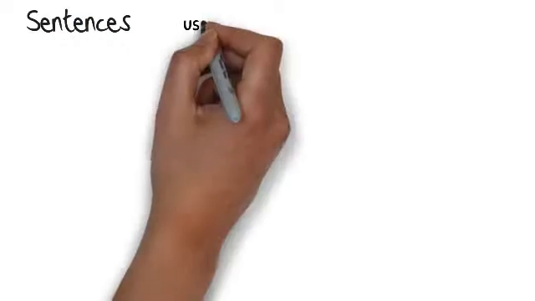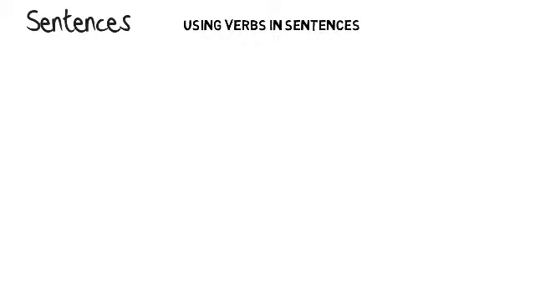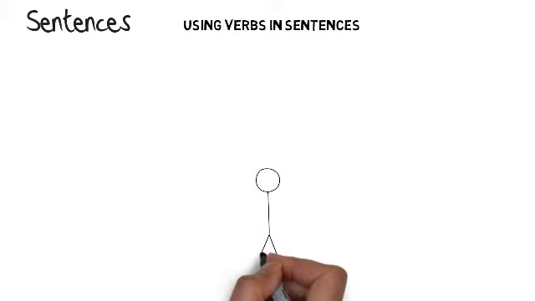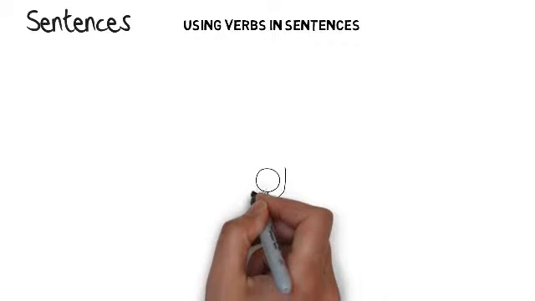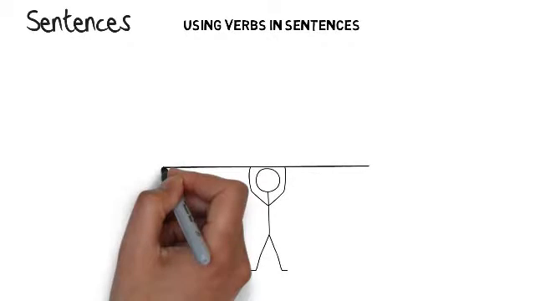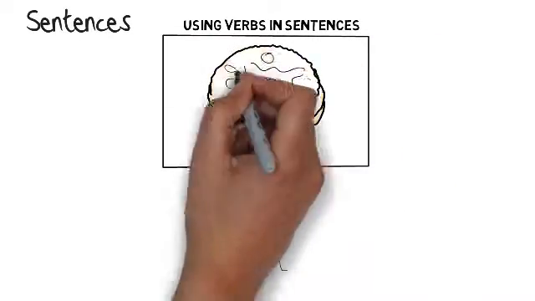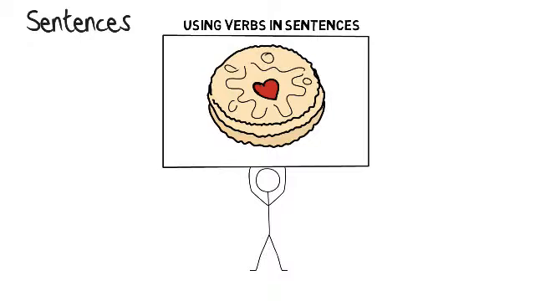Sentences. Using verbs in sentences. Verbs are in every sentence, so it's pretty important you know how they work. If there's one person doing something, use the singular form of the verb. For example, Susan was eating biscuits. If there's more than one person doing something, use the plural form of the verb.